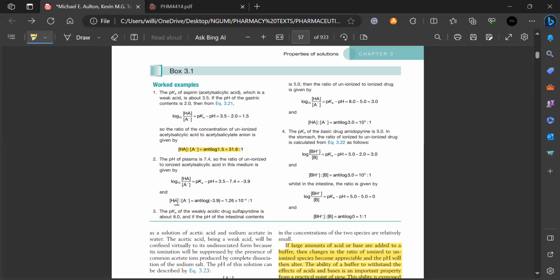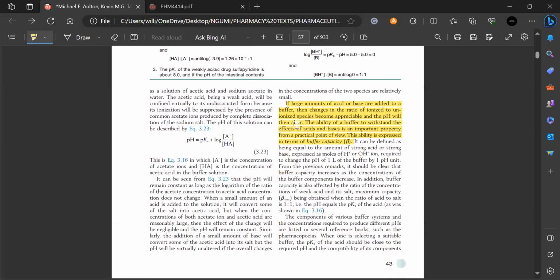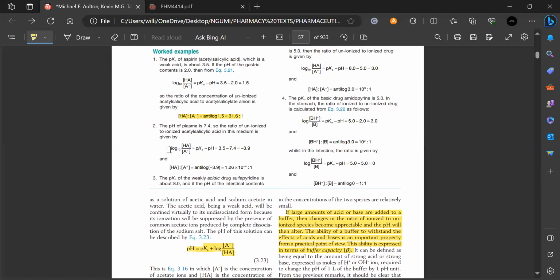I think that's all fine. I've never been a very big fan of just cramming equations, because then you never know how exactly to input what. But just to explain how we got this, remember, pKa minus pH.